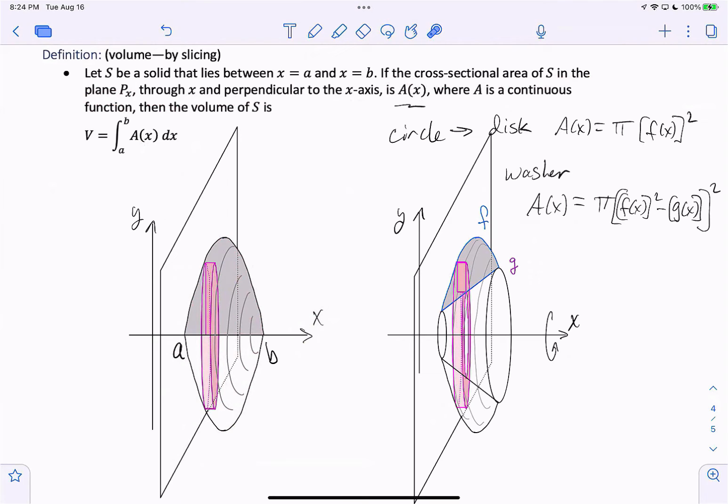I want to talk about dimensions though. Let's say we're talking about square inches. Area is going to be square inches. And then dx is an incremental thickness that would also be in inches. If I multiply square inches by inches, then I'm going to get cubic inches. Now those are units for volume.